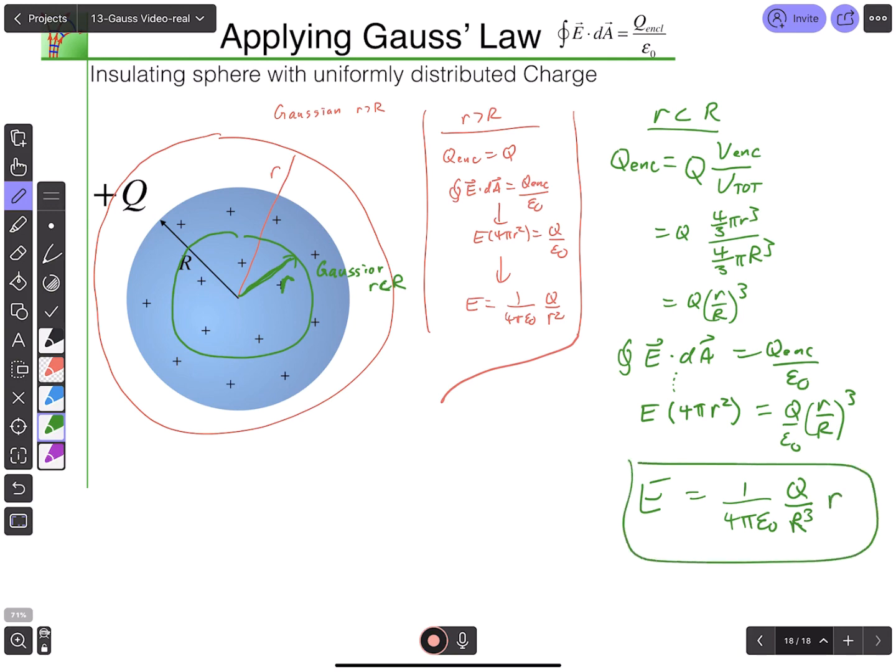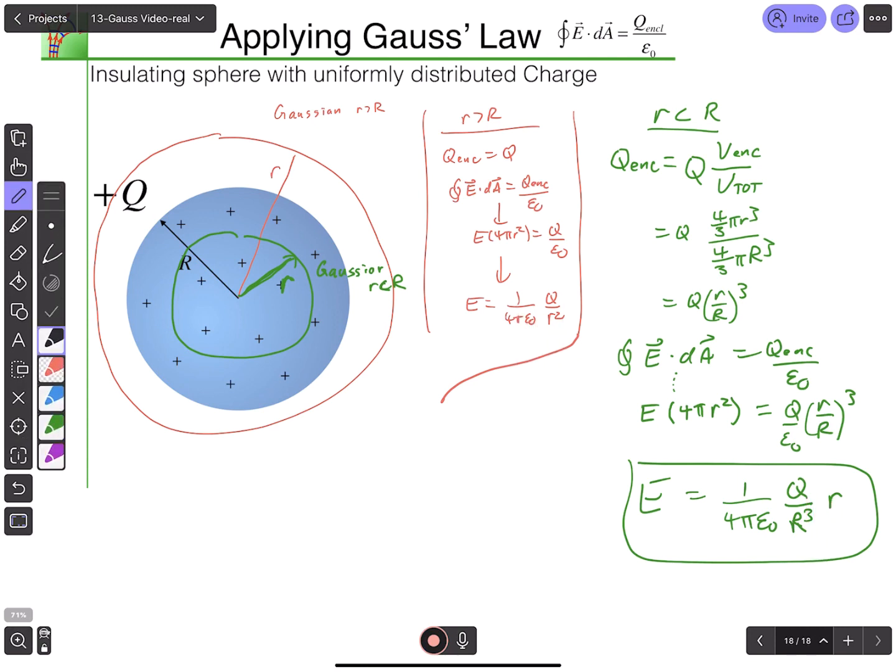So the electric field outside is 1 over 4 pi epsilon naught Q over R cubed, that's all constant, times r. Sorry, that's inside, right? We're inside the sphere. So the electric field gets stronger as you get further and further out. At r equals 0, it's 0, and then it increases. It gets larger and larger until it reaches the surface. Then it switches to this, where it goes off as 1 over r squared.